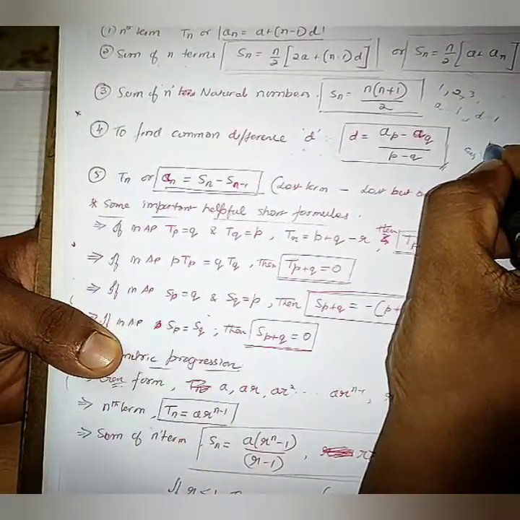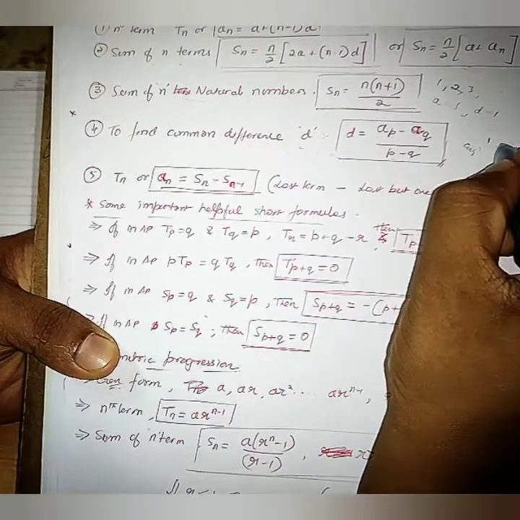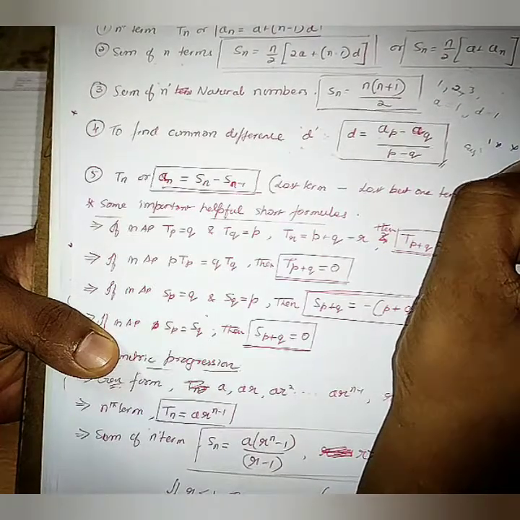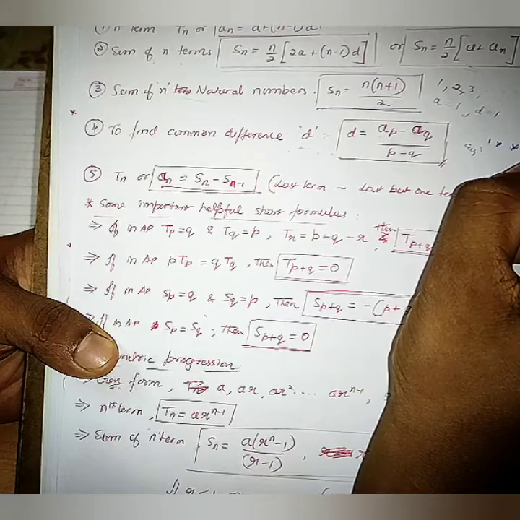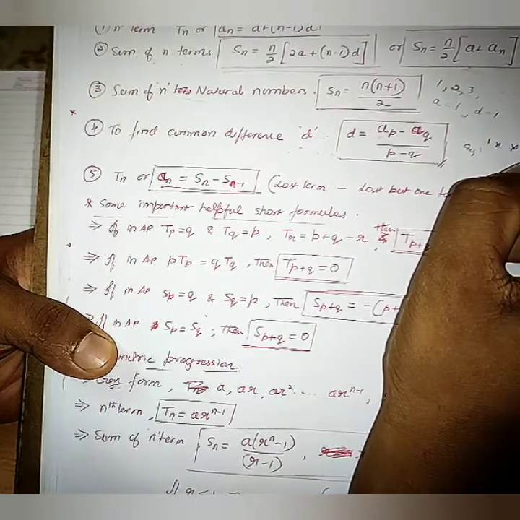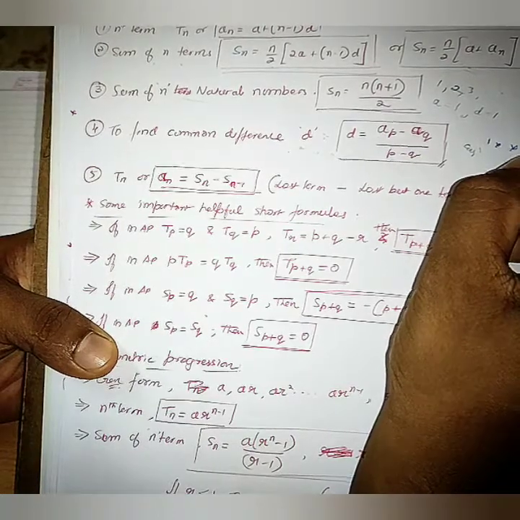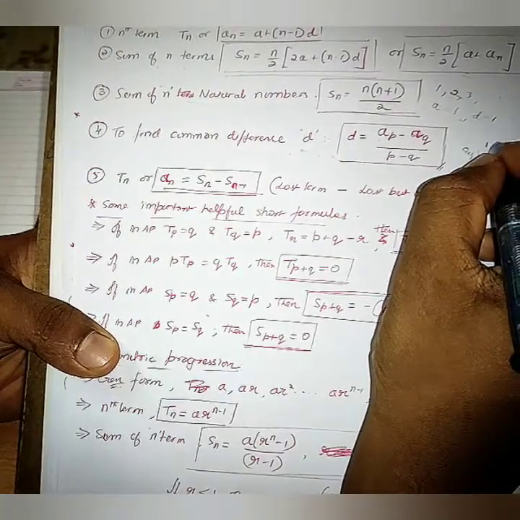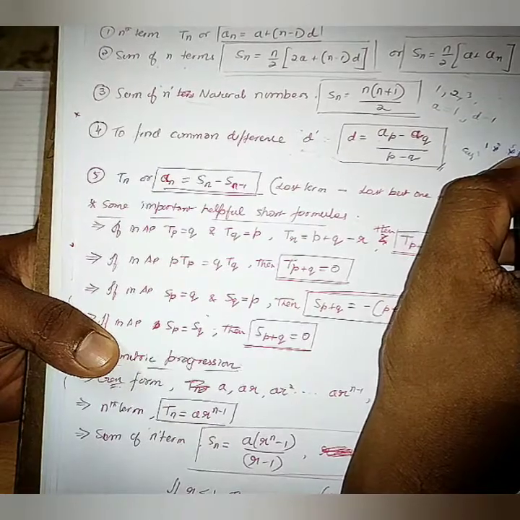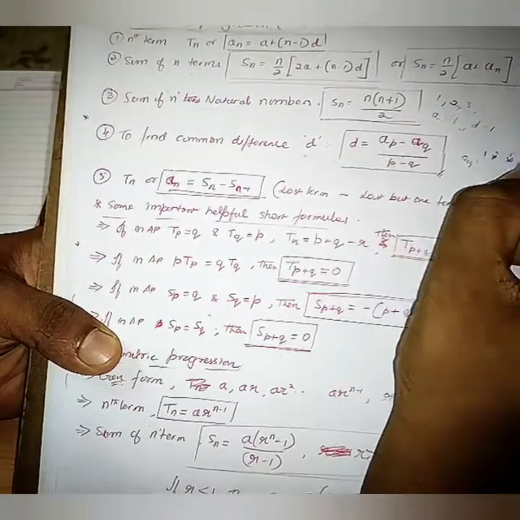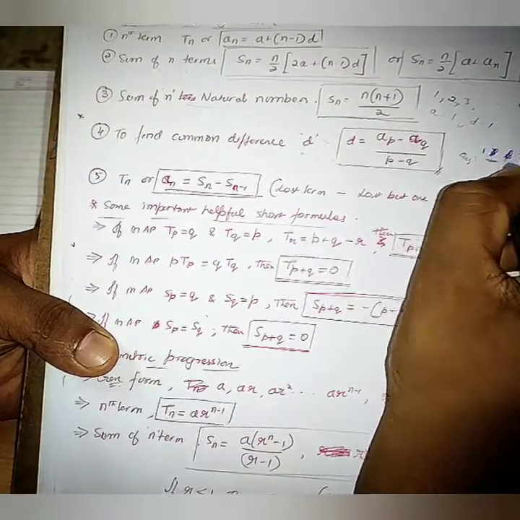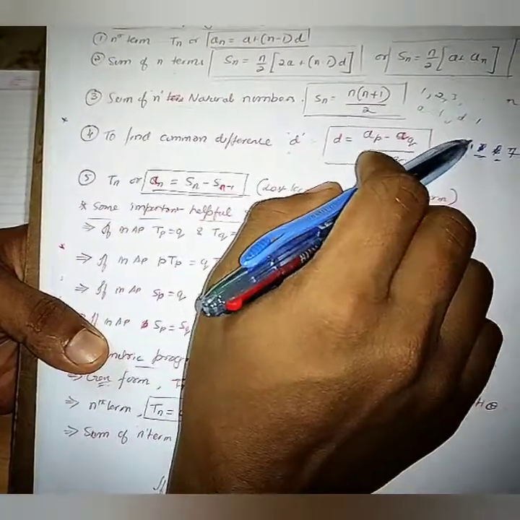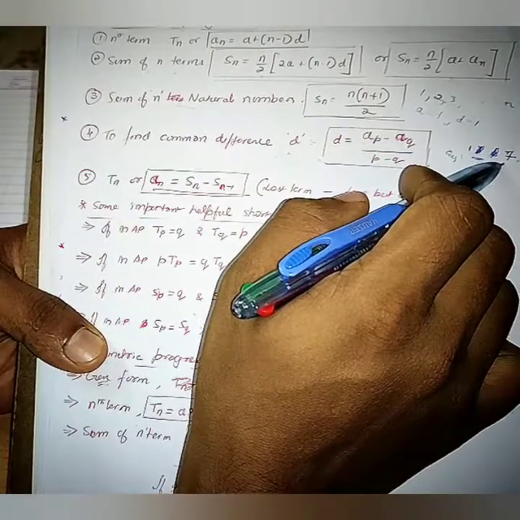Suppose 1 and then the two middle terms are not given, and 7 is given for the fourth term.